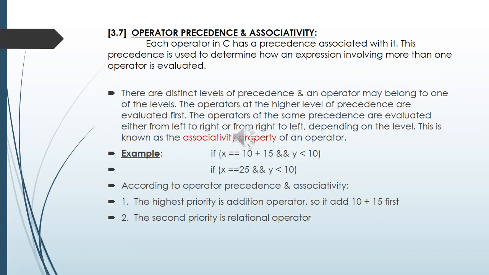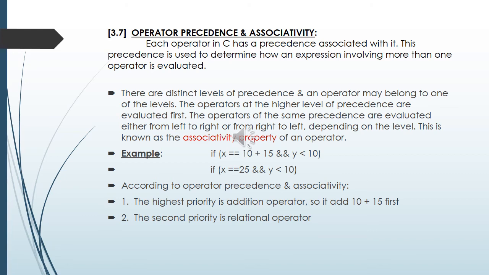Next is operator precedence and associativity. Each operator in C has a precedence associated with it. This precedence is used to determine how an expression involving more than one operator is evaluated. There are distinct levels of precedence and an operator may belong to one of the levels. The operators at the higher level of precedence are evaluated first.